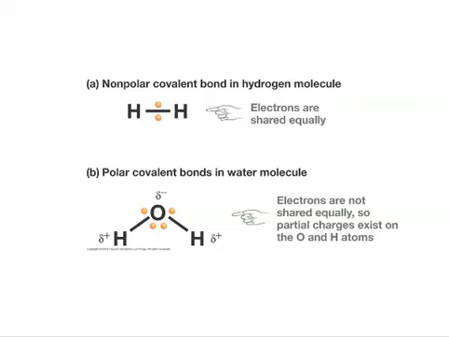On this slide, we're looking at two drawings of molecules and the electrons that reside in the covalent bonds. Up at the top of the slide, you can see a depiction of hydrogen gas. Two hydrogen atoms bound together covalently.